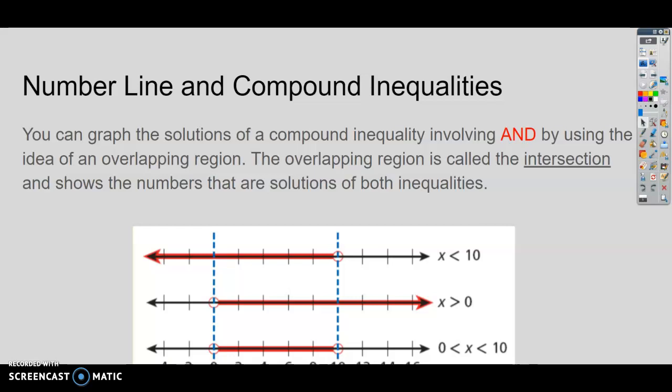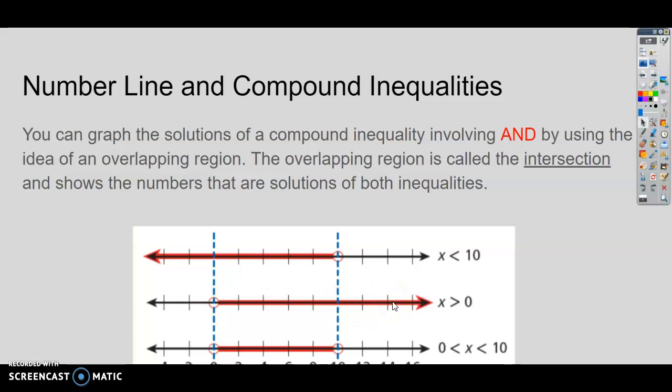So on the first line, the first inequality here, this is x less than 10. You can see there's an open circle and an arrow pointing to the left, which means less than 10. And you can see 10 here on the bottom. The second inequality, x greater than 0, has an open circle, which means 0 is not included, and everything to the right is shaded.